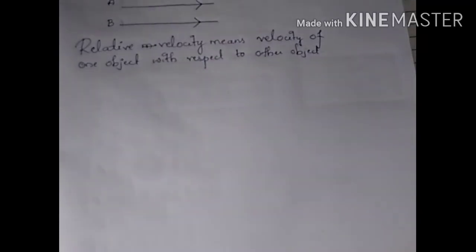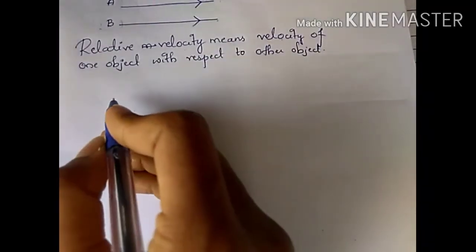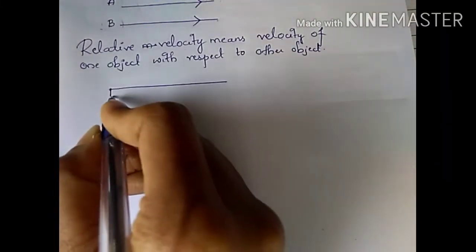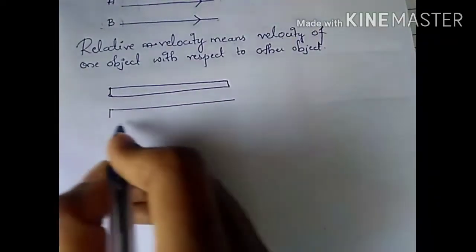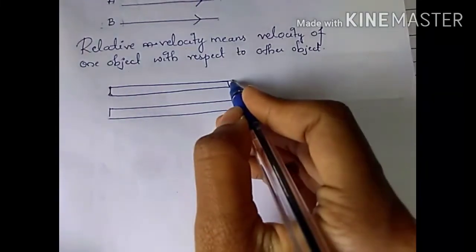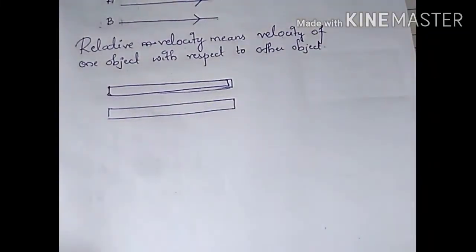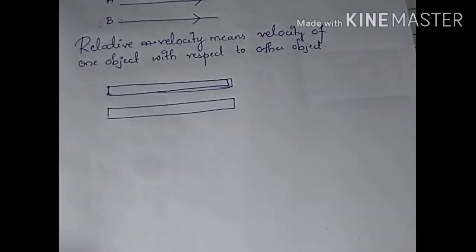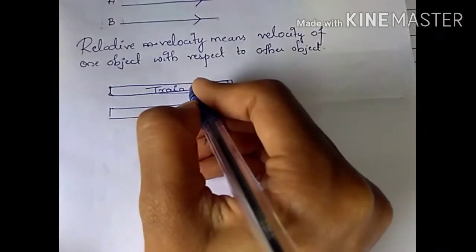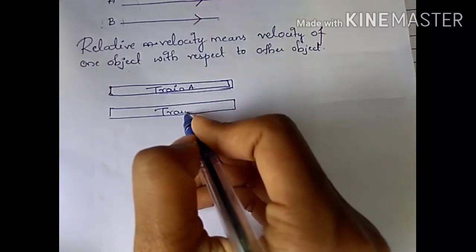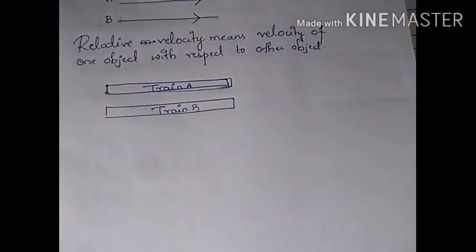So now consider two trains. Let's suppose this is train A and this is train B. These two trains are moving in a straight line in two straight and parallel tracks with the same speed and in same direction.